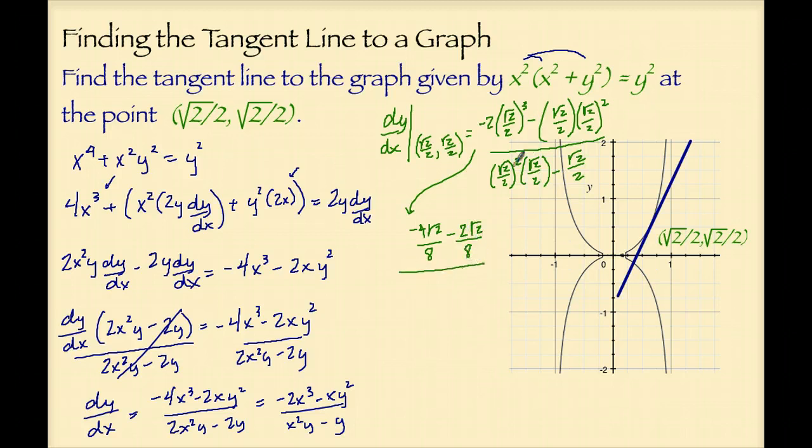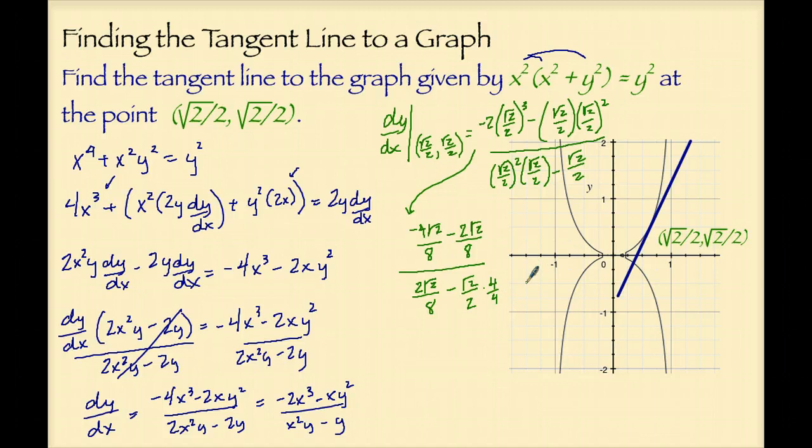For the denominator, we are once again cubing the square root of 2 over 2, which will give us a 2 square root of 2 over 8 minus the square root of 2 over 2. Now I'm going to change this denominator so that it has the same denominator as the first fraction, which will be 8, by multiplying by 4 over 4.